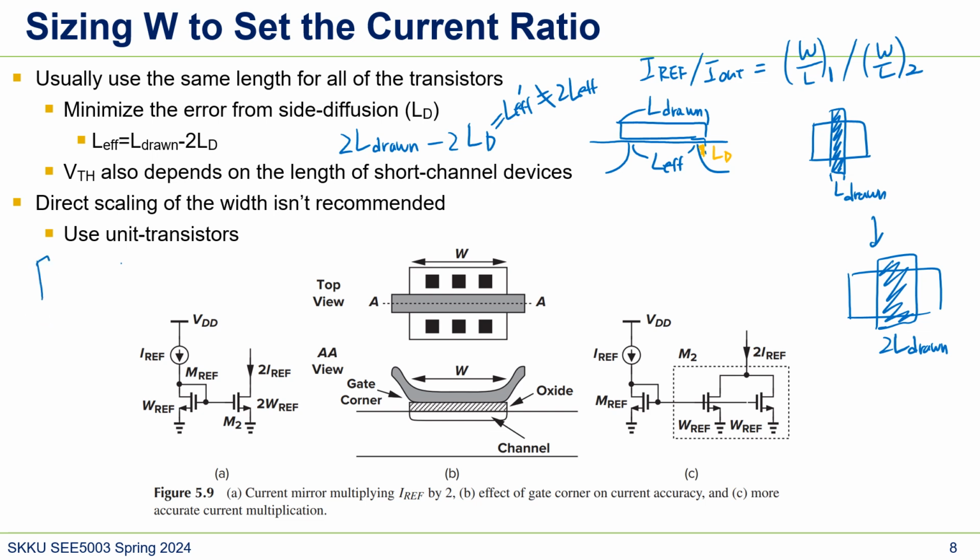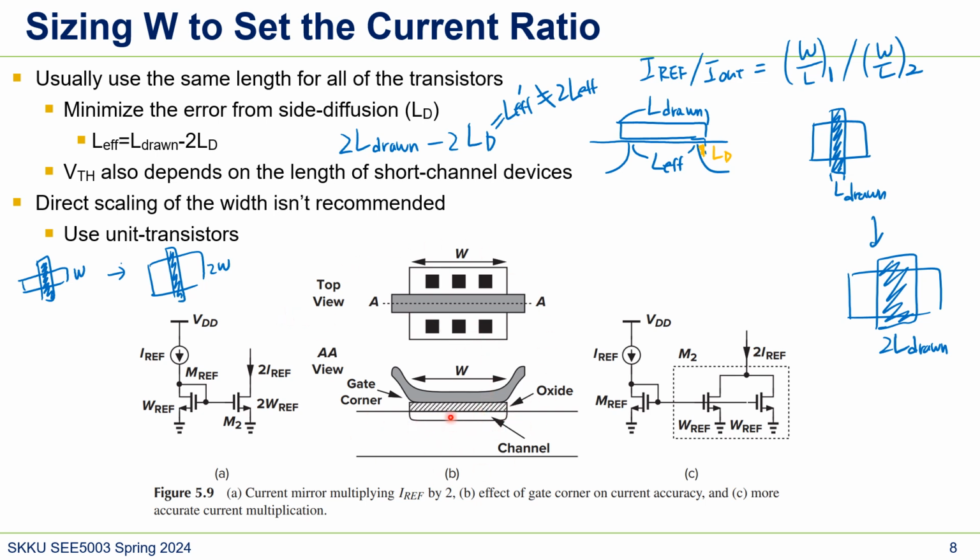So we have a transistor like this, and W is here, right? Because we want to double the current, we can double this W. And this is 2W, which is shown in this example. But the problem is, this will not give us exact double current.